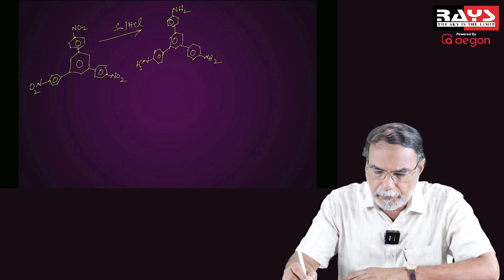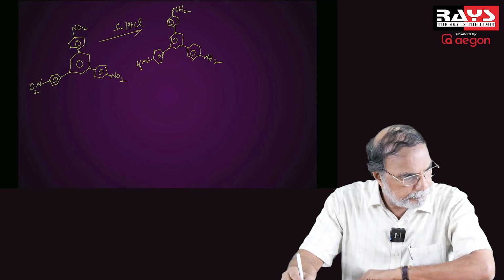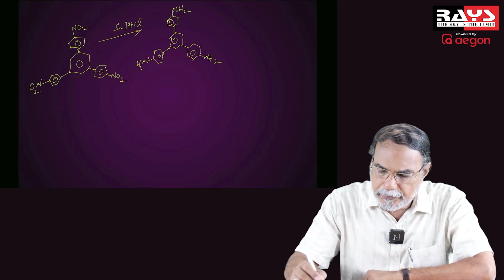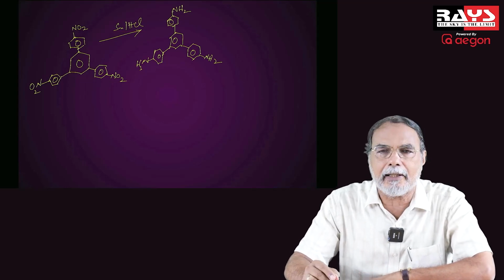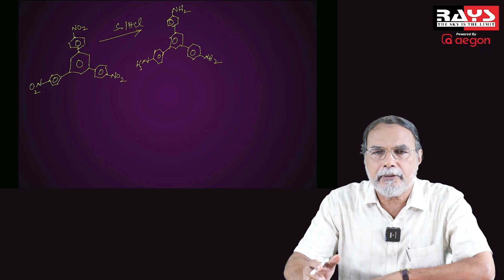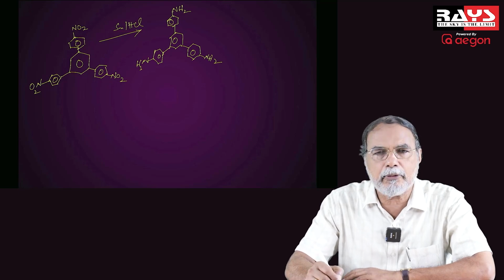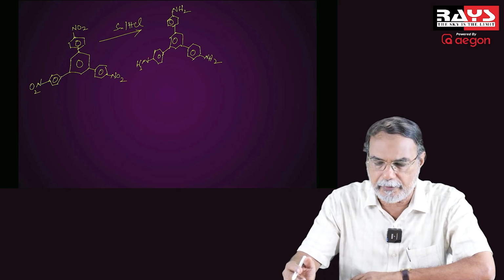So that is the compound which on treatment with sodium nitrite and HCl, that is nitrous acid, below 5 degrees Celsius, undergoes a very common reaction, diazotization, during which the amino group is converted to the diazonium salt.